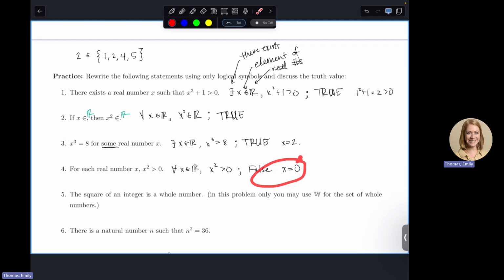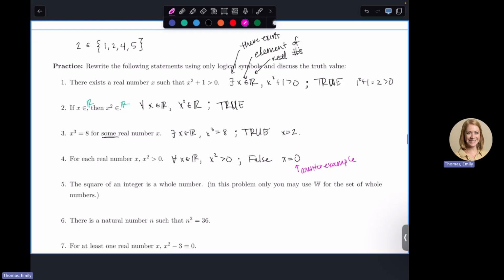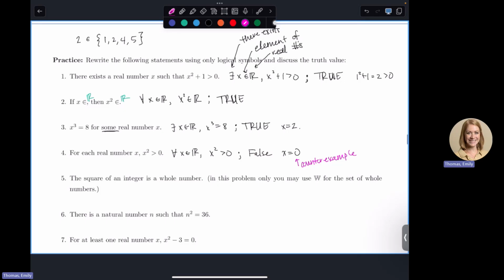Good. Counterexample. That's how you prove a for all statement to be false. We'll get there. We're doing it now, and we're going to continue doing it.